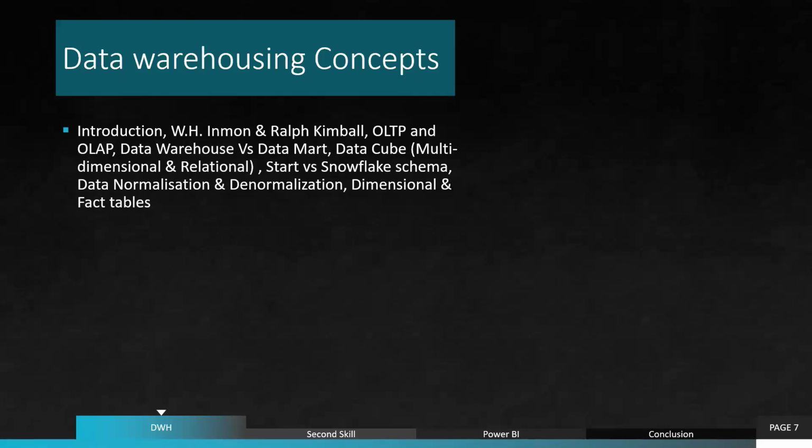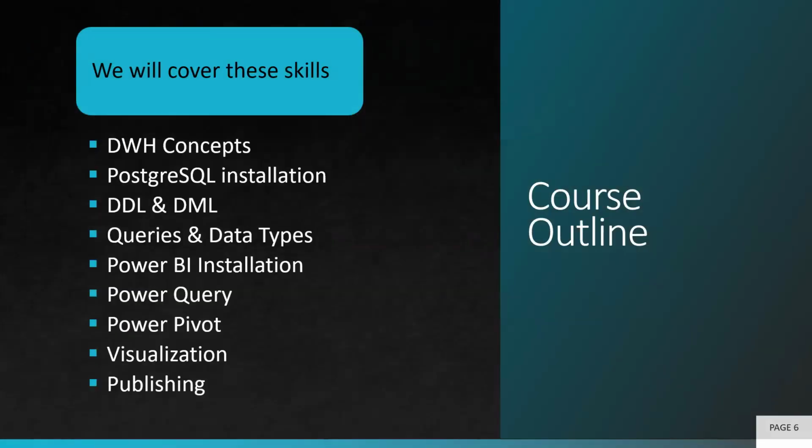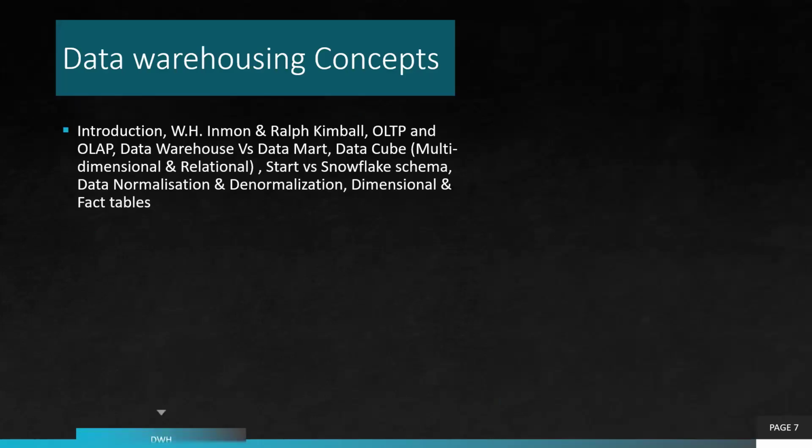Similarly, whether it's data science, data factory, or data engineering, everything comes from the basic concepts. Yes, our operational systems are generating millions of records, and how we are going to get the value from them, that is where we discuss data warehousing, and we are going to see key concepts from Ralph Kimball and all these things, right?